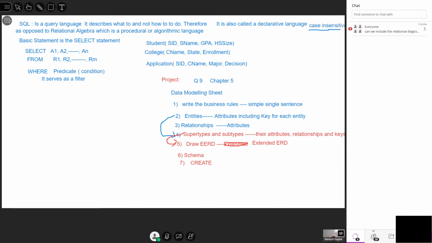Okay, so what is in the relational diagram? Especially what you have to show: we have to reduce n by n, many to many relationships into one to many.